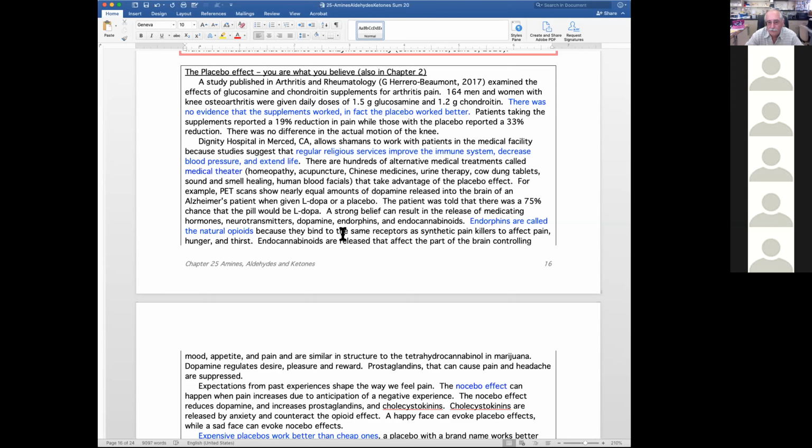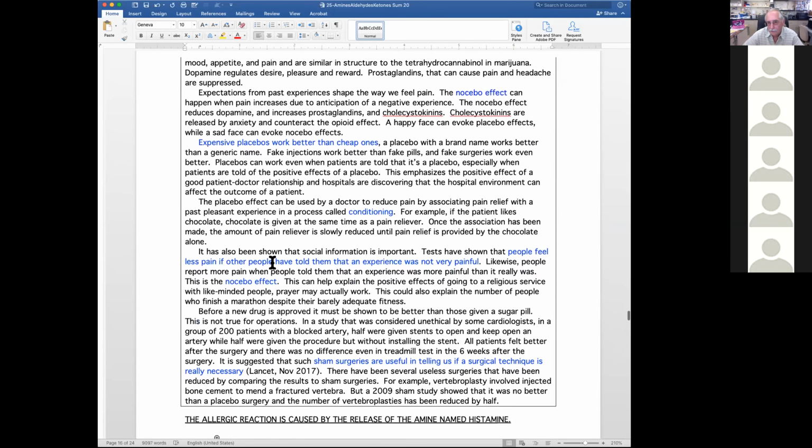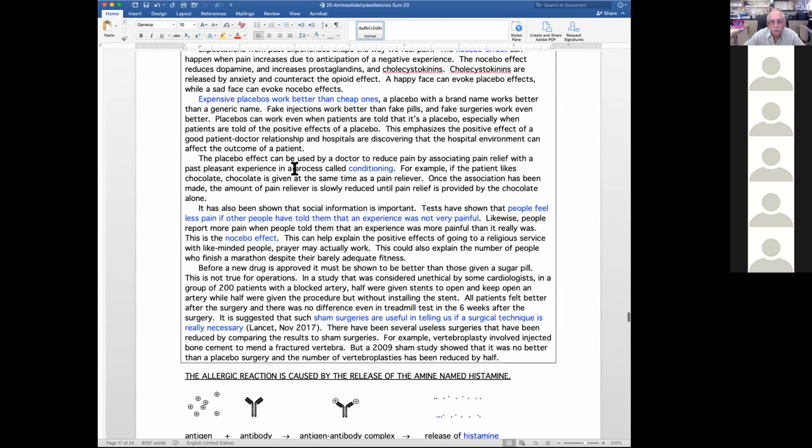That's how powerful the placebo effect is. And the nocebo effect is real too. If you take your kid to get an immunization, they're going to get a shot, and you tell the kid, oh my God, this is really going to hurt, the kid's going to freak out, and guess what? It's going to hurt more. So anyway.